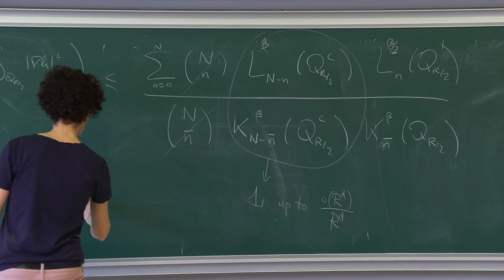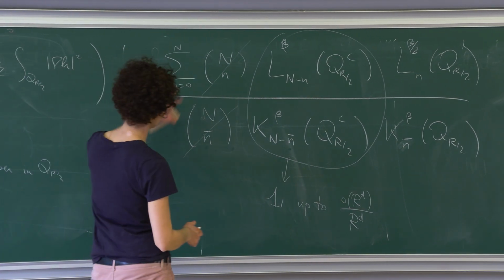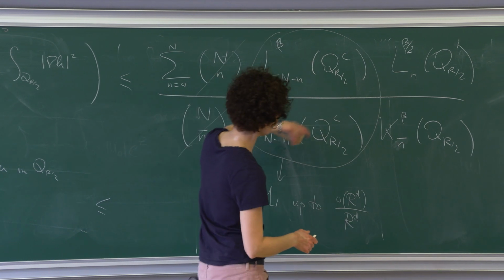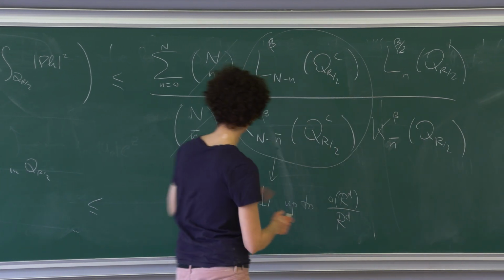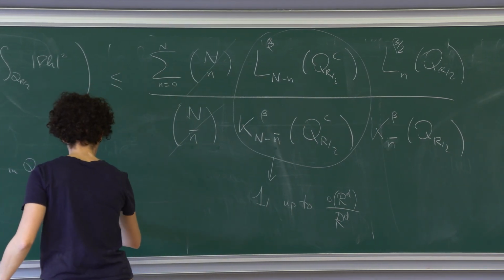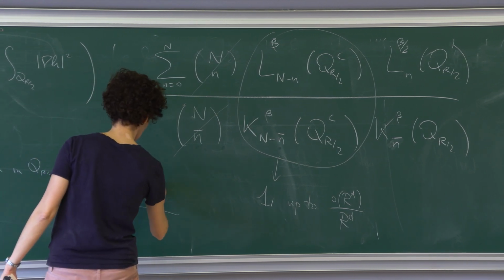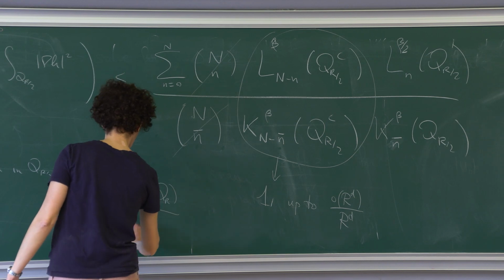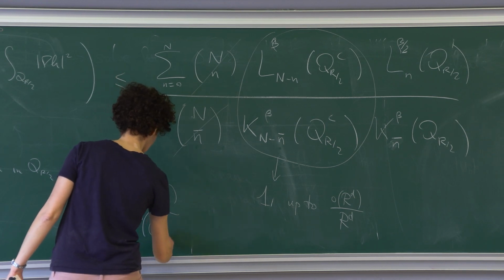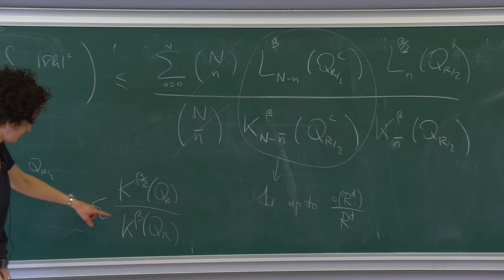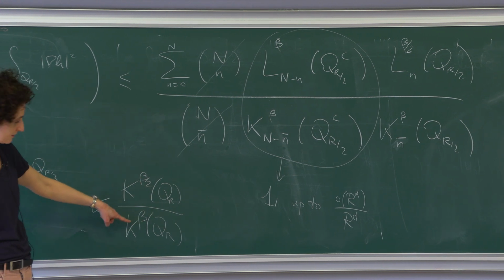Okay, so if you do that, you find that eventually this is like that, this is like that, and what is this? This is like Kn. So with the twiddle, it's like K beta over 2 of QR divided by K beta of QR. So you don't have the same beta.